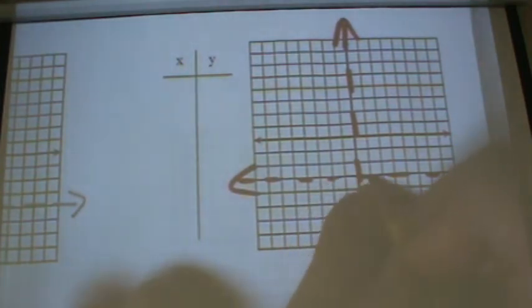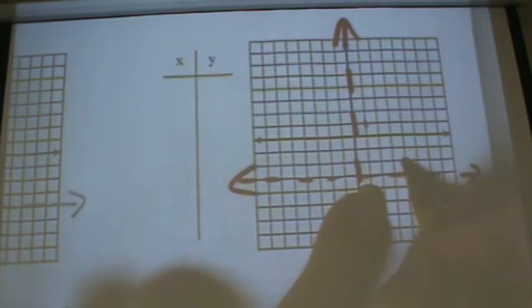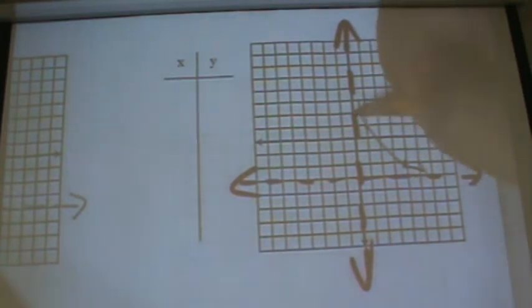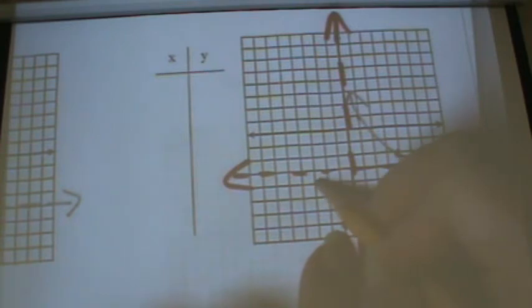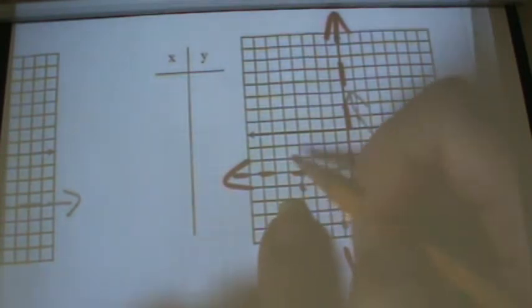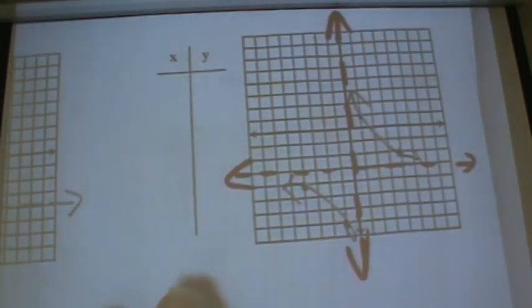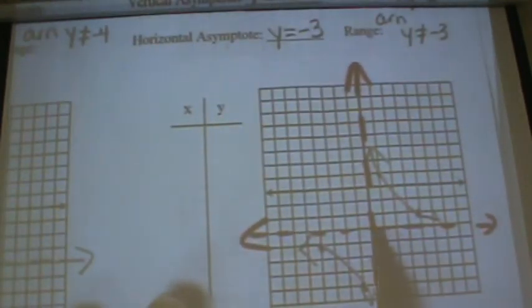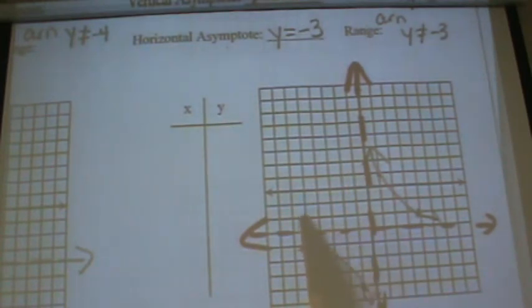From here, you're gonna go over 1, up 1, 2, 3, 4. Mr. Duke, do you wanna add anything to those ones? You good? Oh, yeah. So what if this were a -4? You would have gone over 1, up 4, over 4, up 1, you'd be in these 2 quadrants.